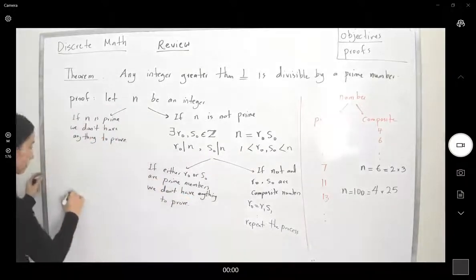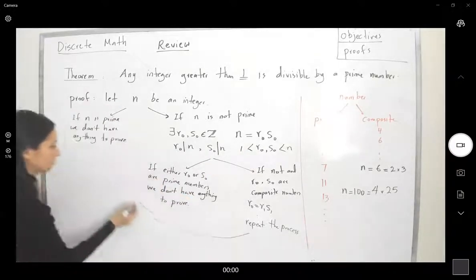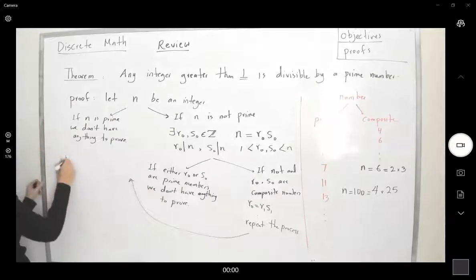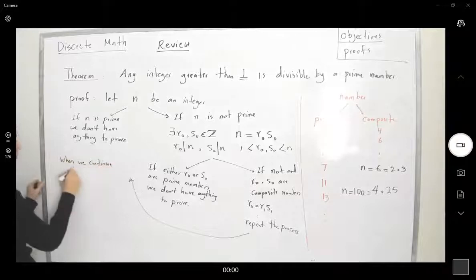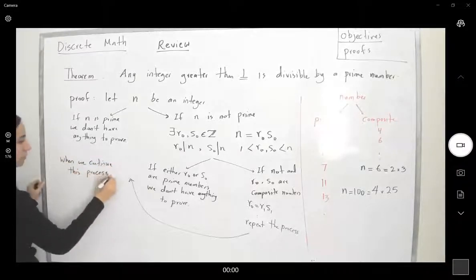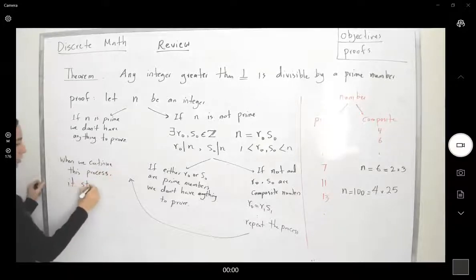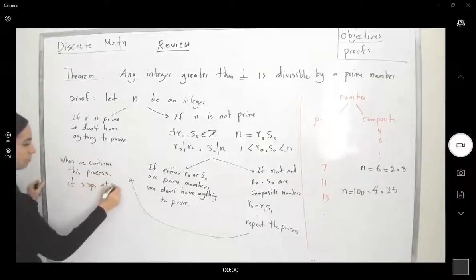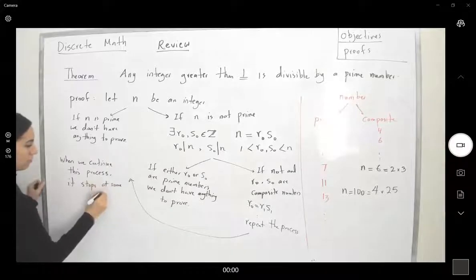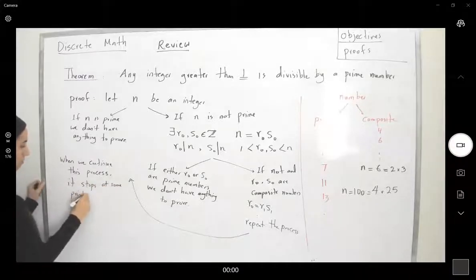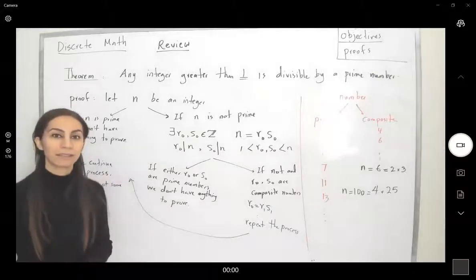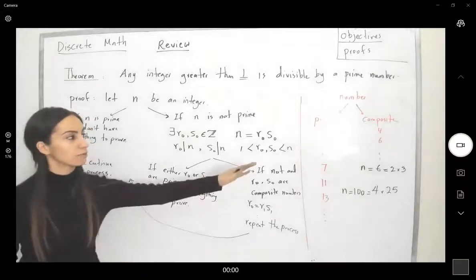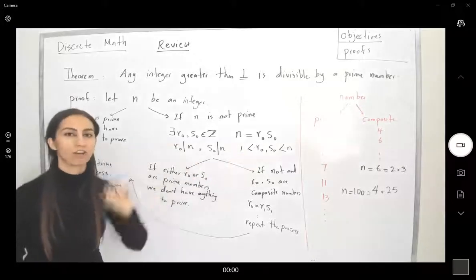So when we continue this process, it stops at some point. We eventually can find a prime number that belongs to one of the divisors or factors of n.